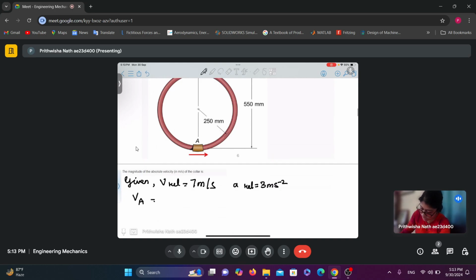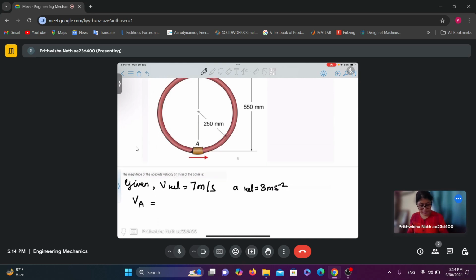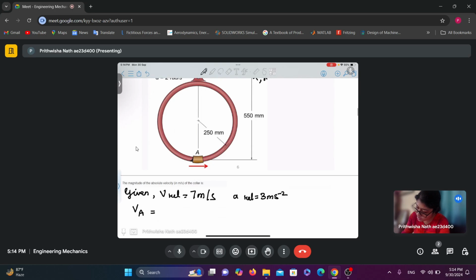VA equals VO plus omega cross R plus V relative, right?